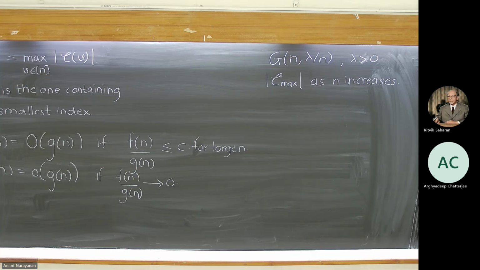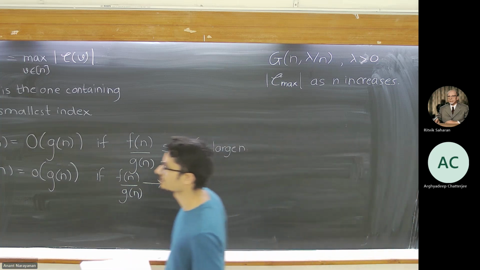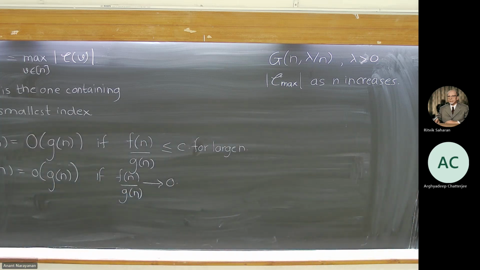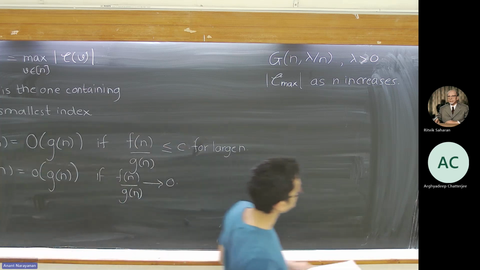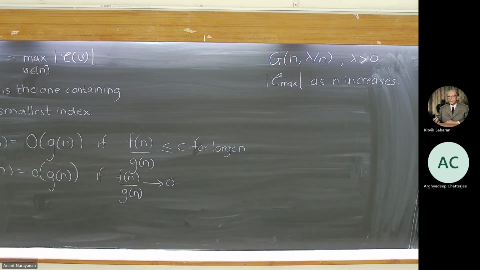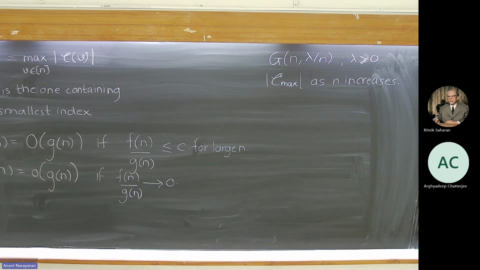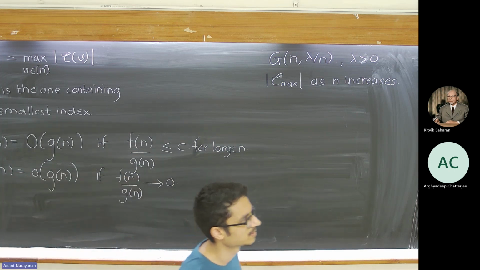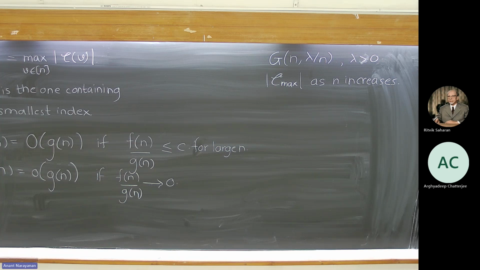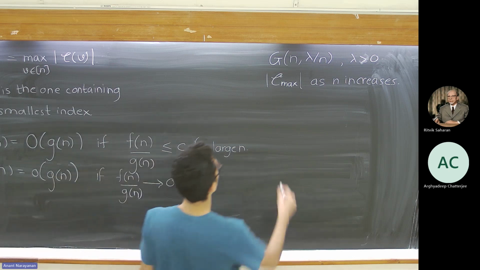This is a regime called sparse graphs. Why study lambda over n? This lambda will be the expected degree.